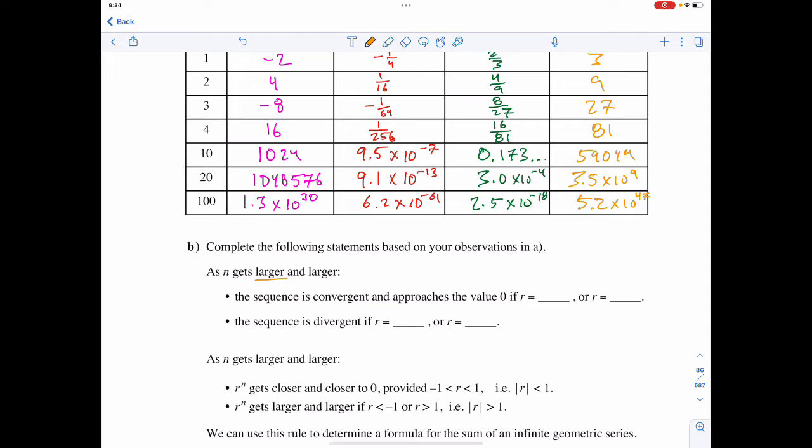As n gets larger and larger, the sequence is going to be convergent if the value approaches 0. So if I had -1/4 or I had +2/3, you can see that these numbers get so small, whether it's on the positive or negative side, that it is going to get incredibly close to 0.